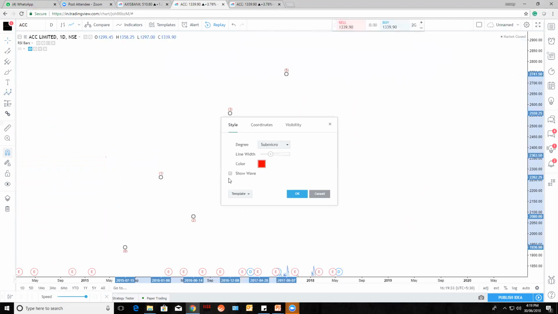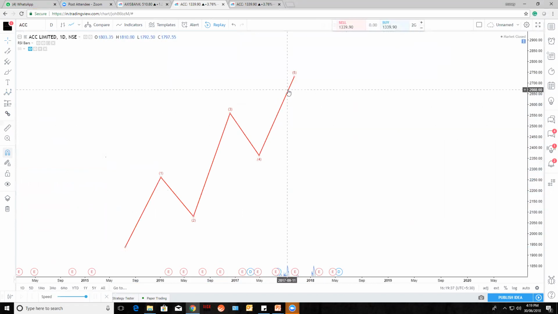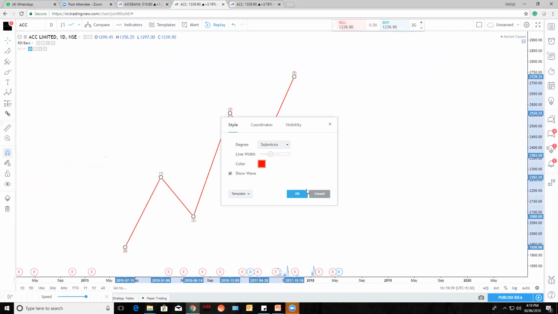Okay. In this only you will get it as a wave. In that you will get it in settings. You'll get minuscule, micro, submicro, minute. If you name it as a super million, it will become like this. Million, it will be like this. Super million, grand super cycle, super cycle. It's only for naming purpose. That's it.